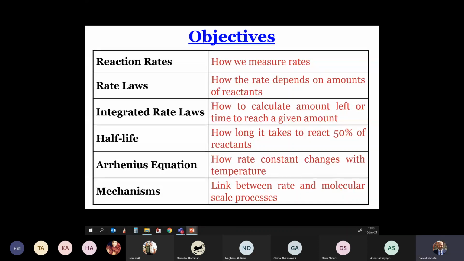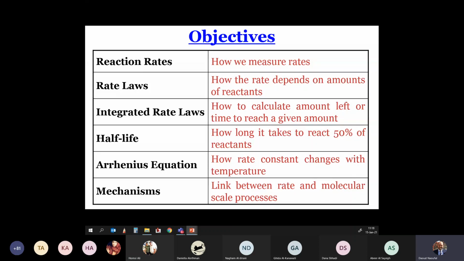The objective number 3 is to write what we call the integrated rate law. The integrated rate law means how to calculate the amount remaining or the time to reach a given amount. For example, consider a reaction. We start at t equals 0 with reactant A and reactant B of known concentration or known number of moles, and the quantity of product equals 0.